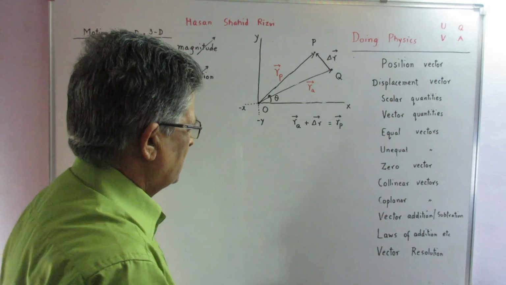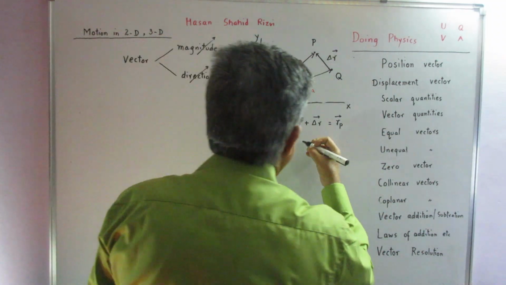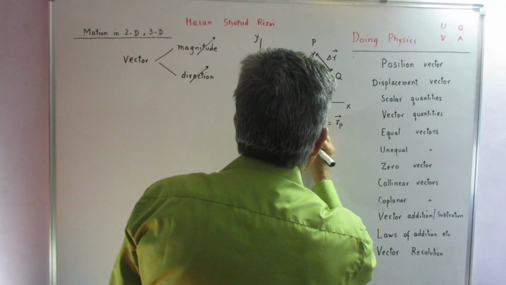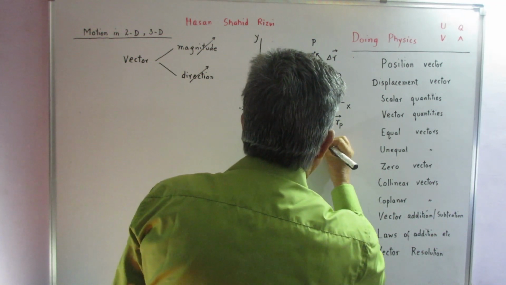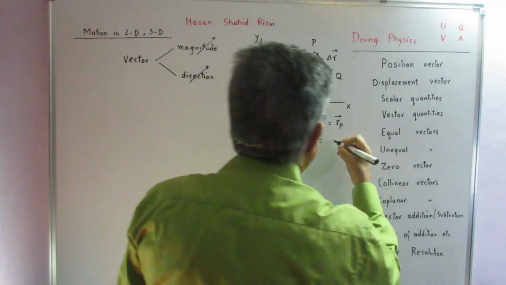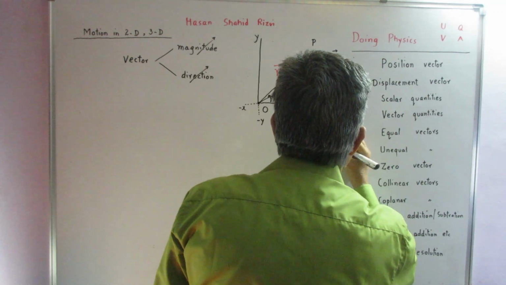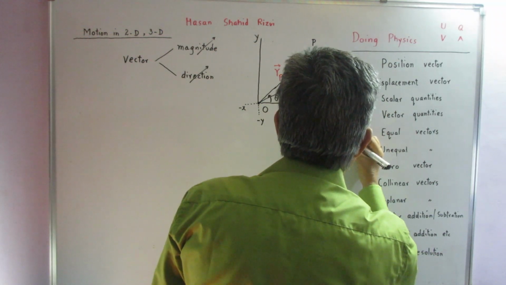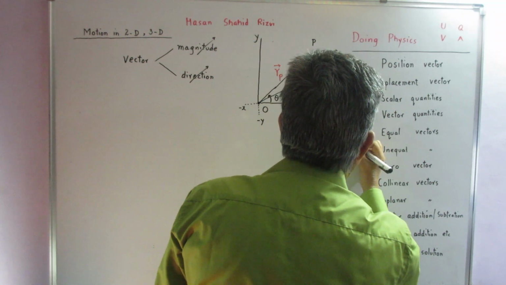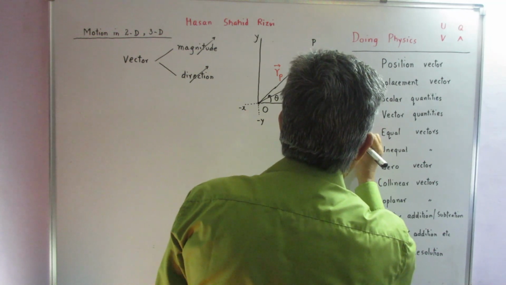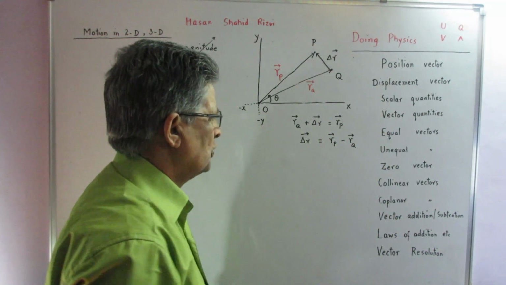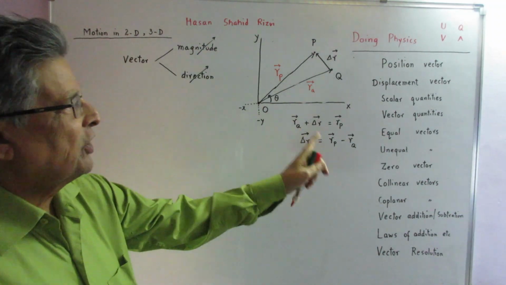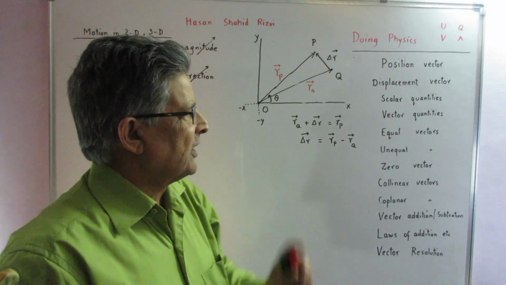So you can see that in simple algebraic manipulation I can write delta R as RP, the position vector of the point P, minus RQ, the position vector related to the point Q. Now this delta R is called the displacement vector.